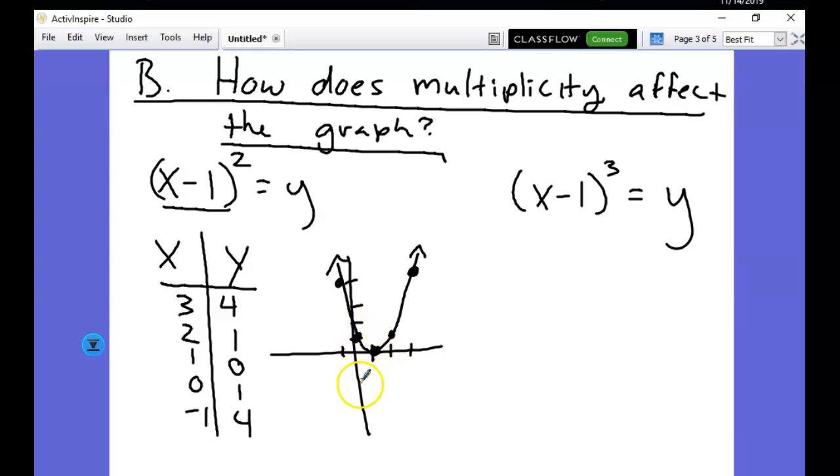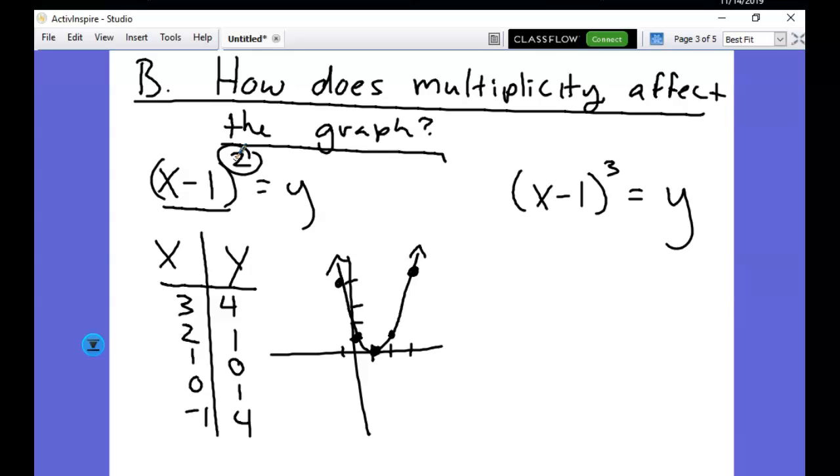It wasn't allowed to go down here because what's down here is negative y values, right? But it can't be negative. So what happens whenever your power is an even number is that right when it gets to that root, it bounces off and goes right back where it came from because it won't change its sign. Does that make sense? So there it is.